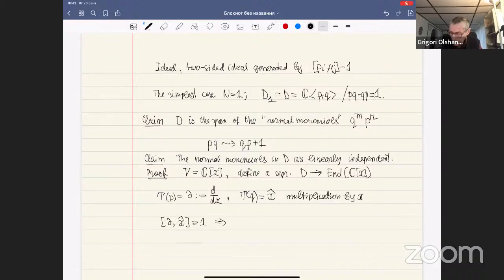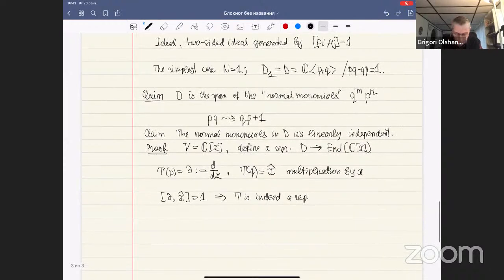And this implies that T is indeed a representation.